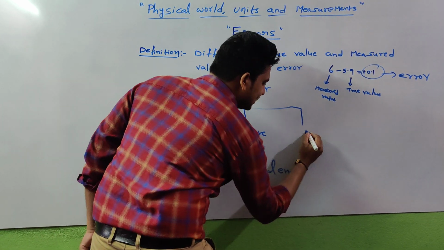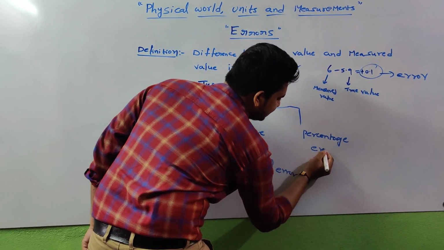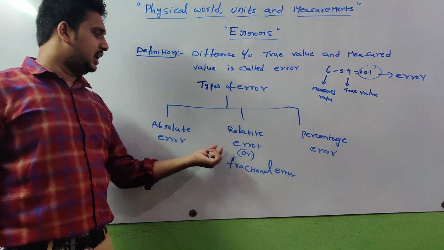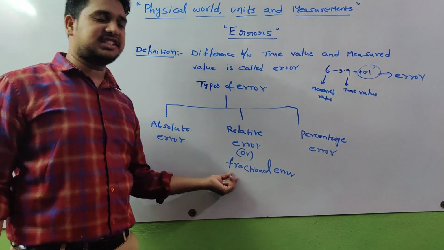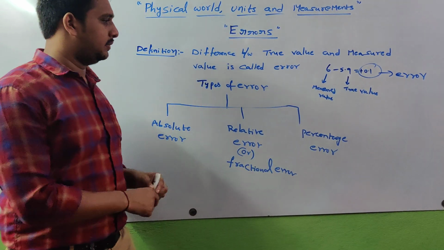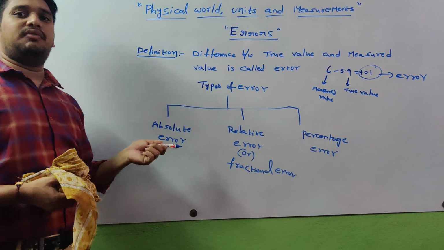The third type is percentage error. Errors are mainly 3 types: absolute error, relative error or fractional error, and percentage error. So this is the definition and types of errors.